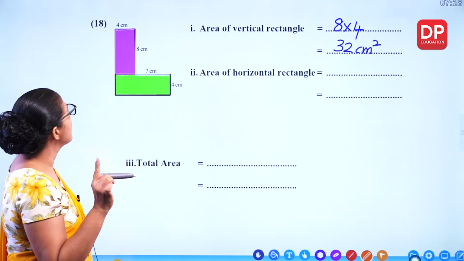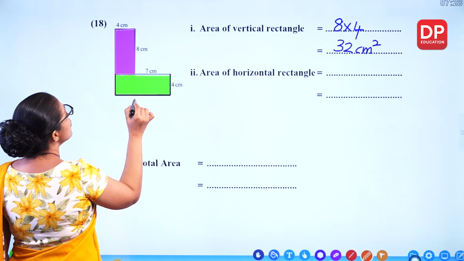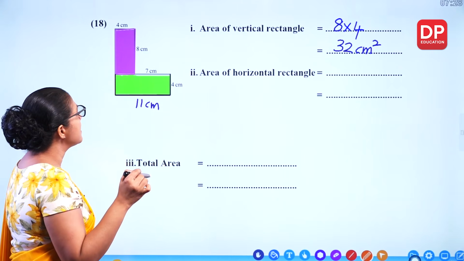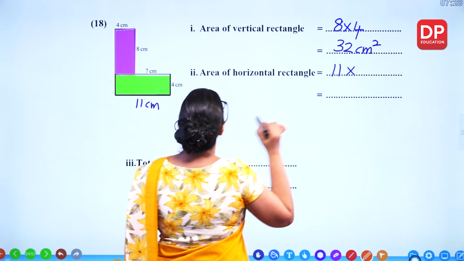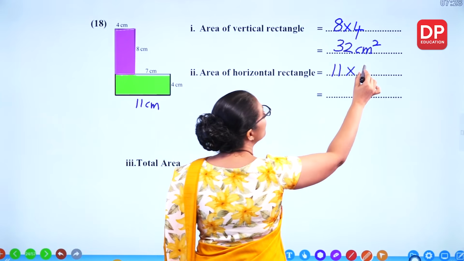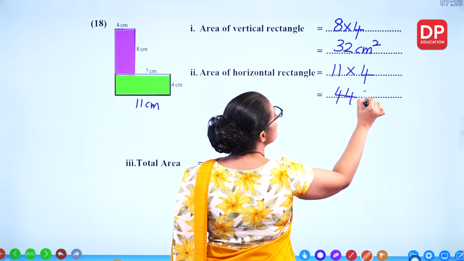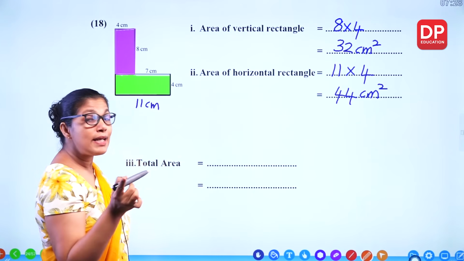What's the length? This is 7 and this is 4. Altogether 7 plus 4, 11 centimeters. So length is 11 and breadth is 4. So what's the area? 44 square centimeters.